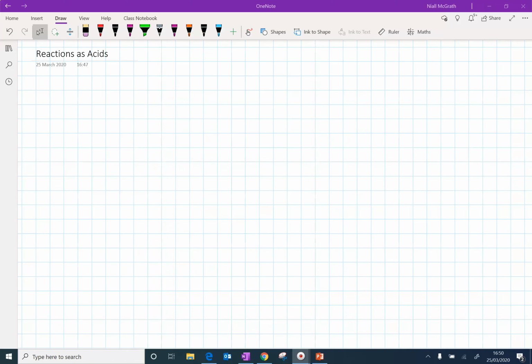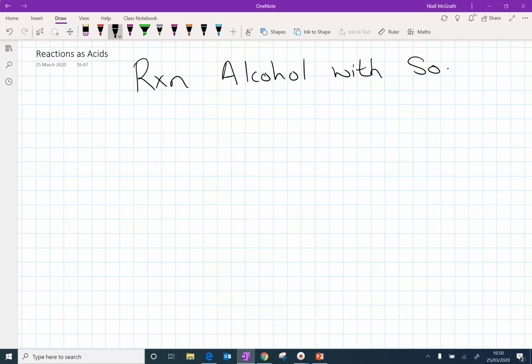So if we concentrate on our reaction of an alcohol with sodium, okay, ethanol reacts with sodium to form sodium ethoxide and hydrogen.